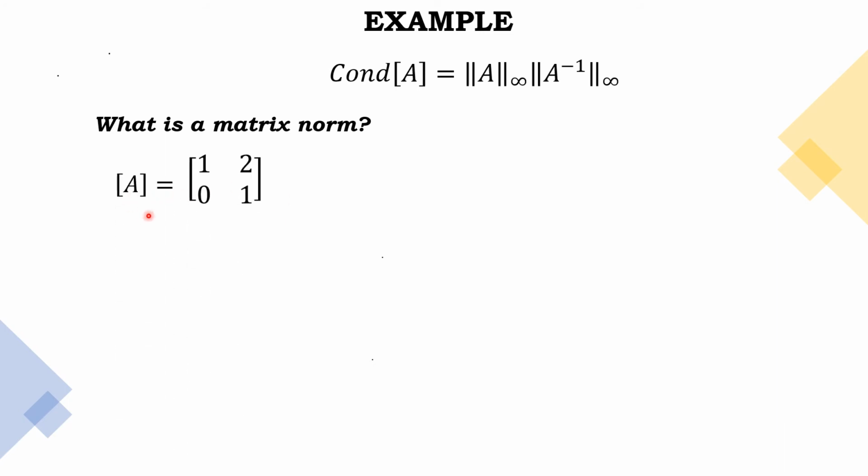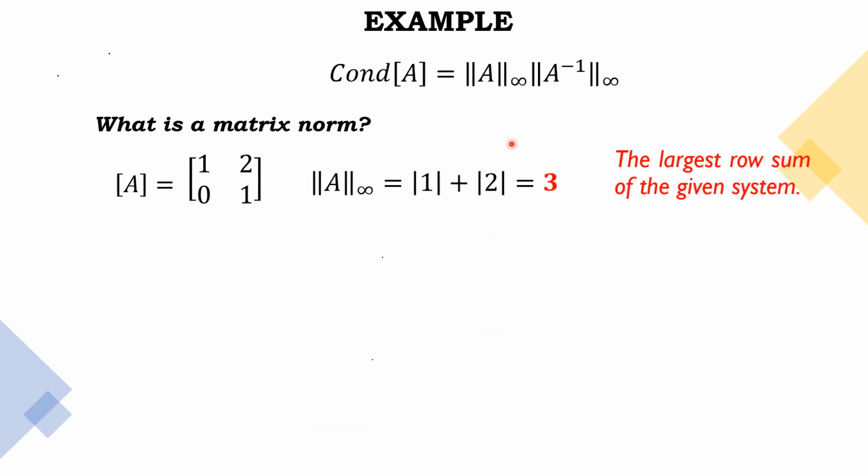These are the values of matrix A: 1, 0, 2, 1. Now, let's try to solve the norm of A. How do you do that? All you have to do is get the largest row sum of the given system. We only have two rows here, this row and this row.